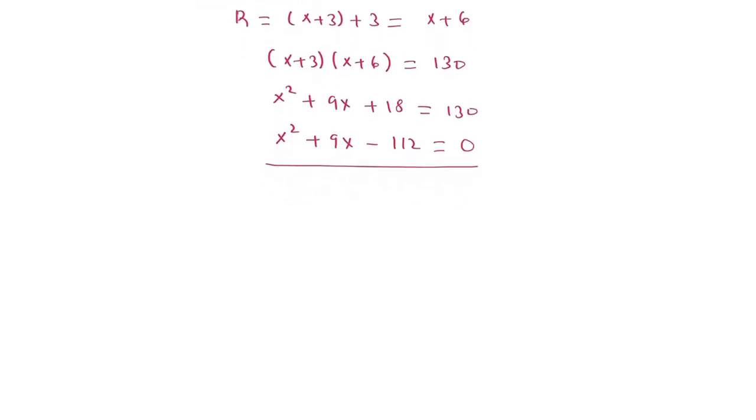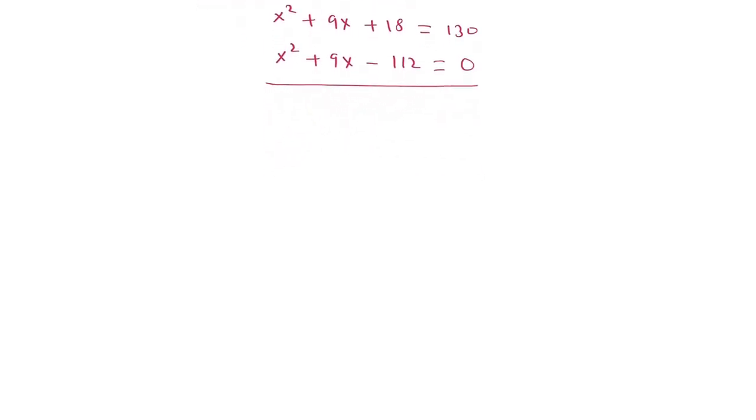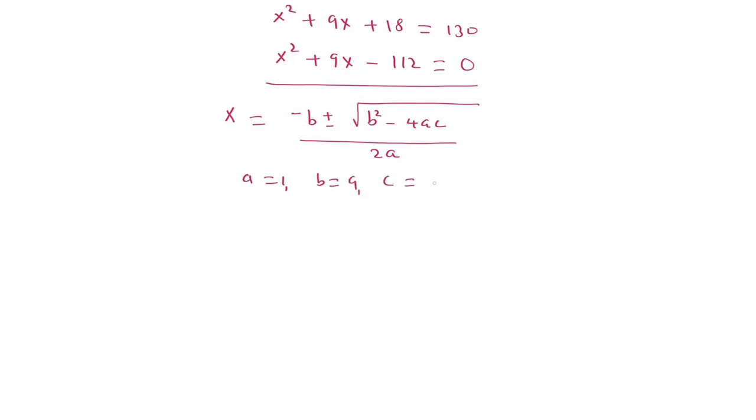Okay, so next, let us solve for x by using the quadratic formula, which says x equals minus b plus or minus the square root of b squared minus 4ac, over 2a. From our equation, a equals 1, b is 9, and c is negative 112.